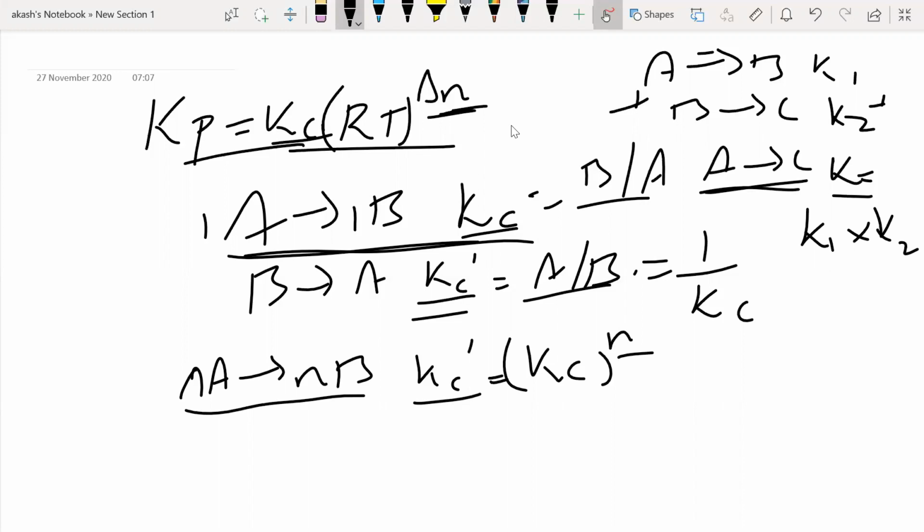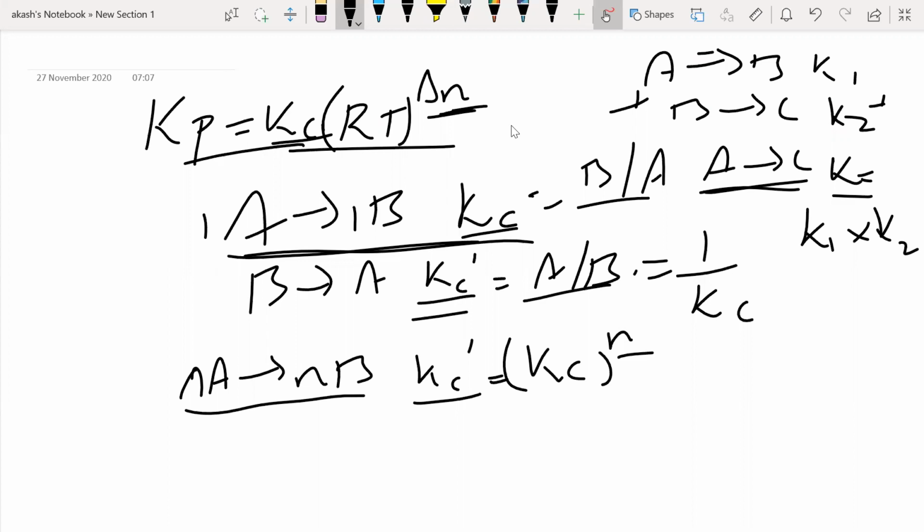Okay, so these three are the operations and you have to remember this. One is reversal of the reaction, the second is multiplying the reaction throughout by a factor of n, and the third one is addition or subtraction of two reactions. So these are all the operations and properties of the equilibrium constant.